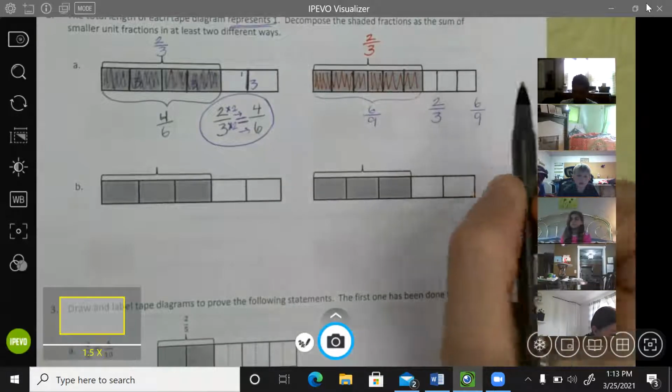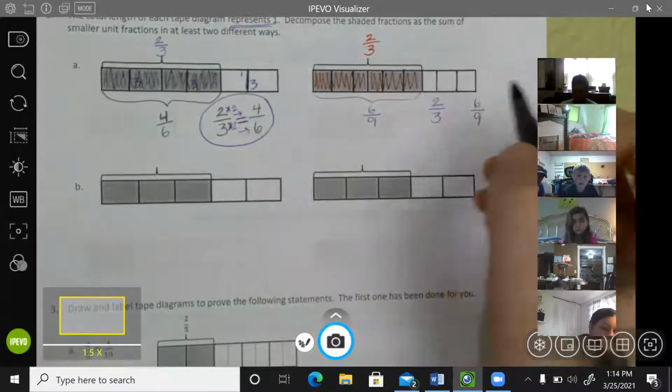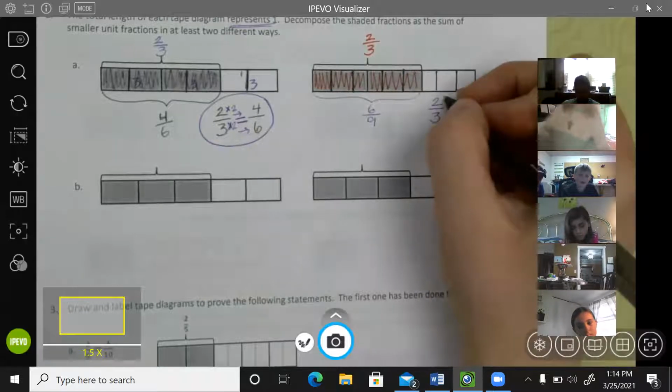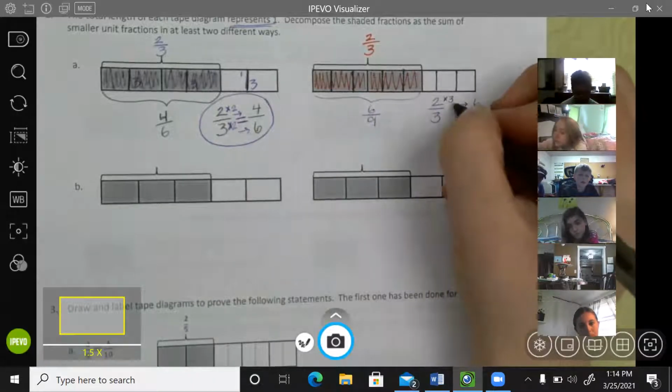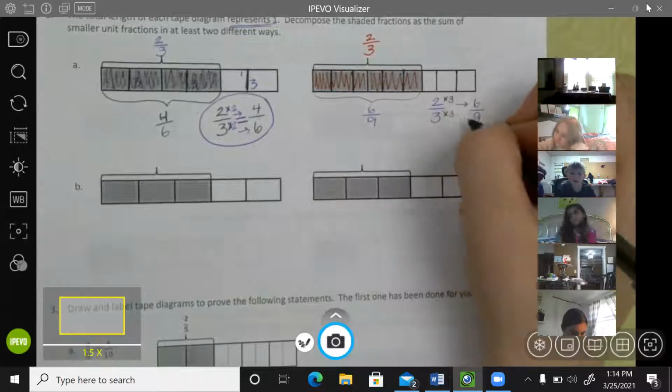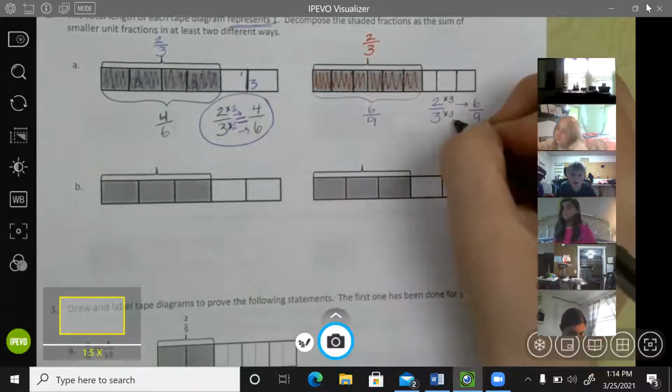So now we just have to prove that this is correct. So 2 times what equals 6? 3. So Julian, what do I have to do to the bottom? The same thing. Which is what? Multiply by 3. What is 3 times 3? 9.